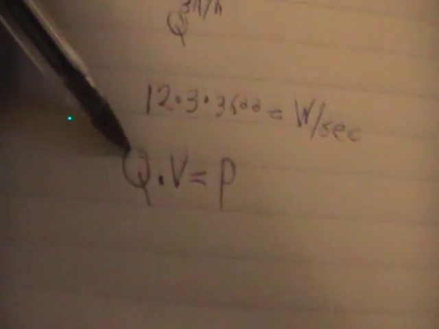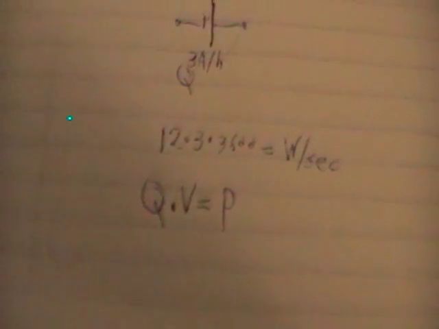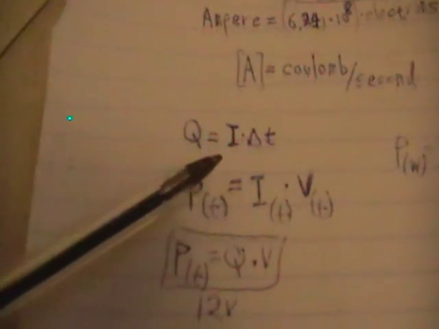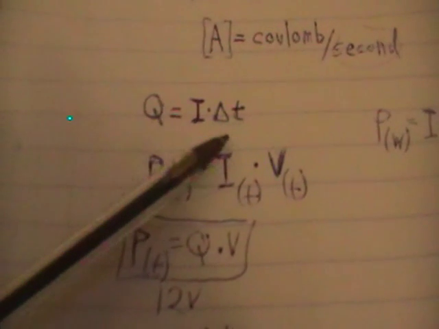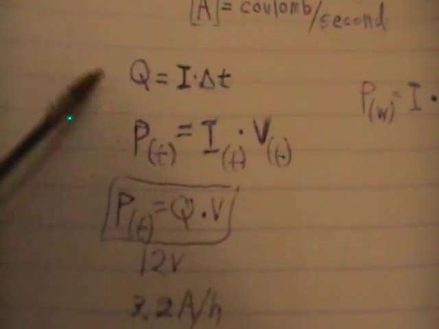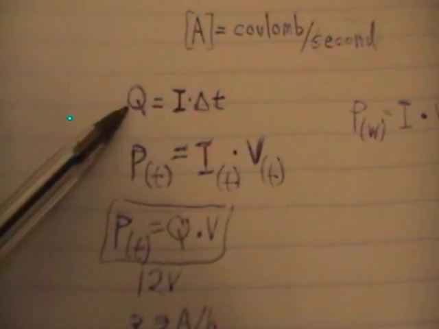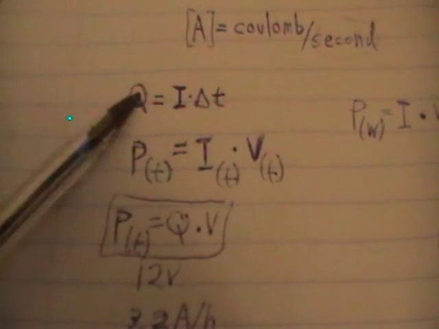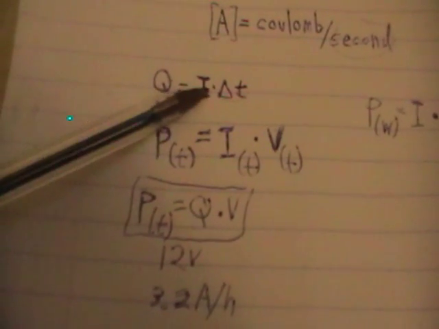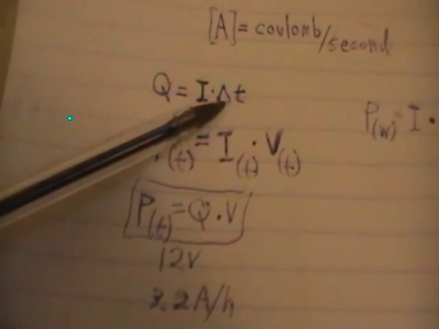Charge is not a measurement of current. It's a measurement that equals current per a certain amount of time. It means that if I have a battery with a certain charge, I can pull a certain amount of current for a certain amount of time.